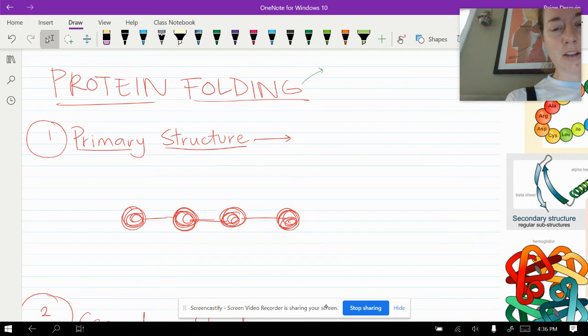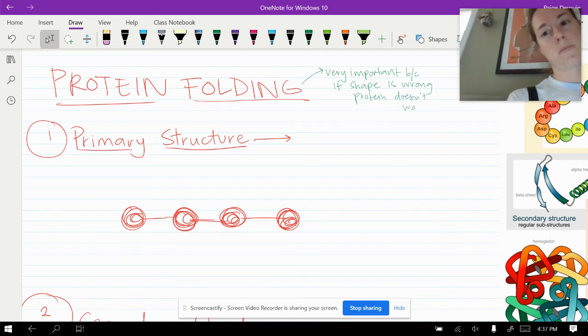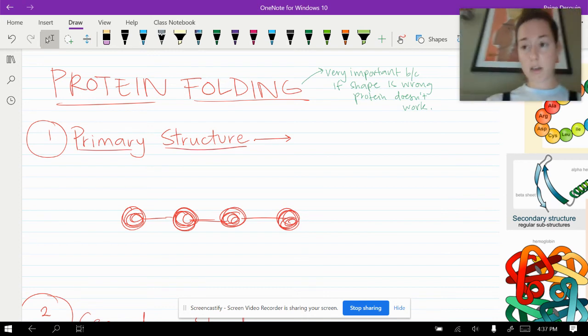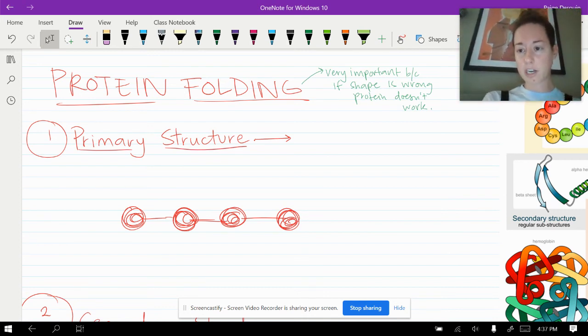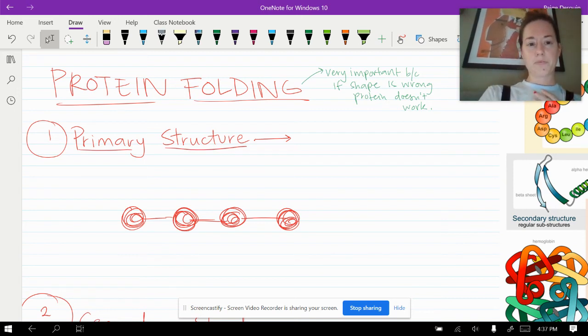So I'm going to say over here that this is very important because if the shape is wrong, the protein doesn't work. It can't do its job. And then often, if people's proteins are incorrectly folding, it's because they have a genetic disorder. And we'll talk more about that when we get to genetics.